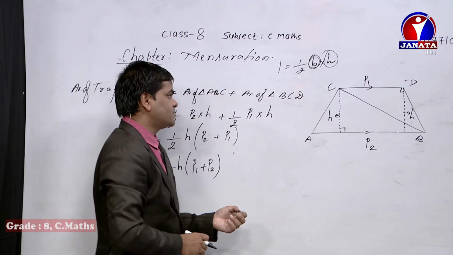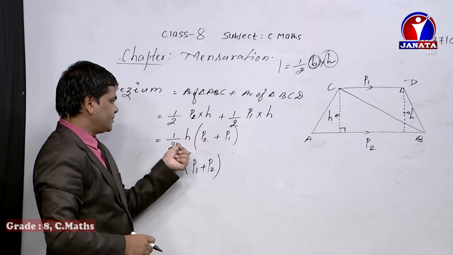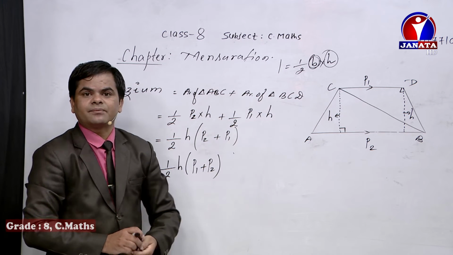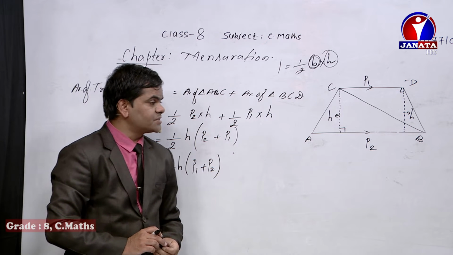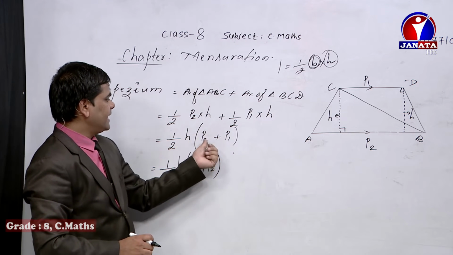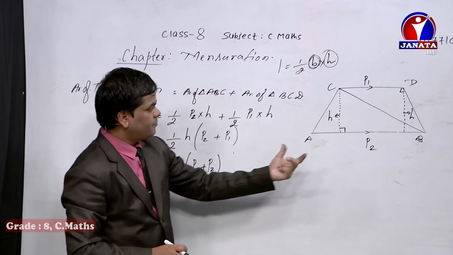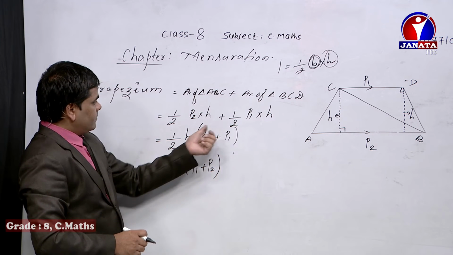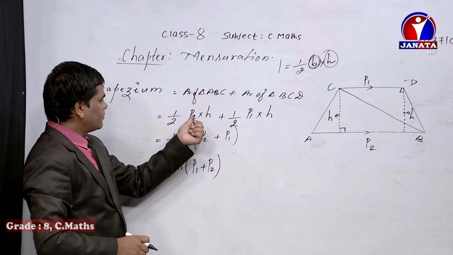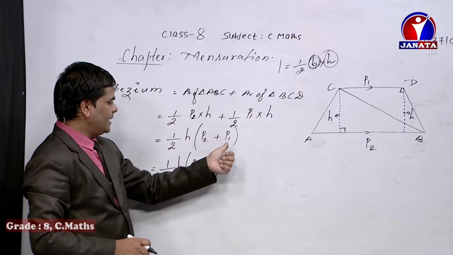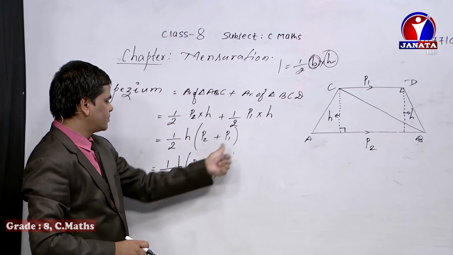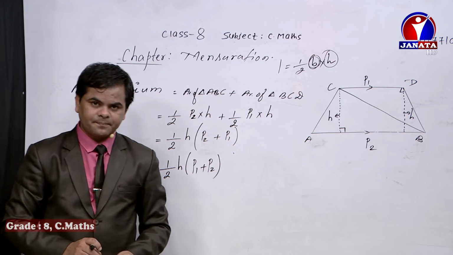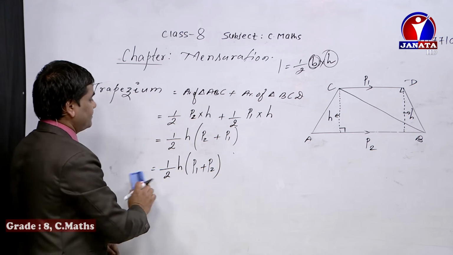Now when we combine them together, 1/2 is common between the two terms, and h is also common because the heights of both altitudes are the same. The measurements of P1 and P2 are different, so we need to write P1 and P2. So h is common, 1/2 is common, and what remains here? P2, and what remains here? P1. So P1 comes in here and P2 goes that side. As a result, we derived the overall formula for the area of the trapezium. So you can try yourself in this way.